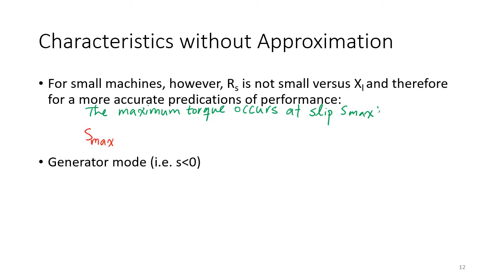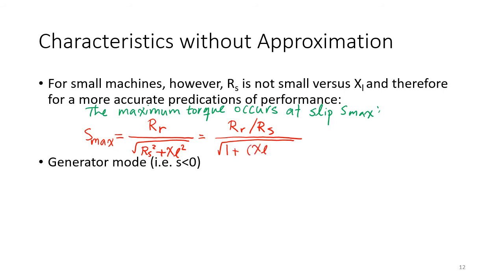S max is equal to RR, the same as before, but here is the difference: the root of RS square plus XL square. Or if you like, you can write it as RR over RS over 1 plus XL over RS square. This root at the denominator is going to be repeated very much in these equations.